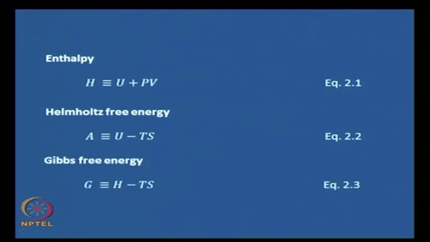The third additional property is Gibbs free energy, represented by the letter G and defined as enthalpy minus the product of temperature and entropy. These are all definitions, essentially the starting point. Enthalpy is U plus PV, Helmholtz free energy is U minus TS, and Gibbs free energy is H minus TS.